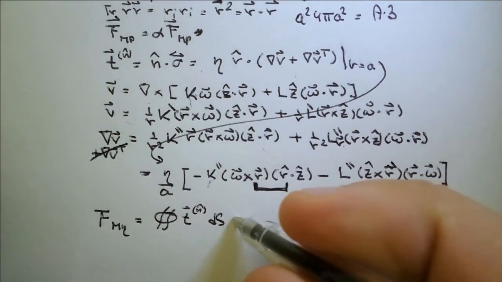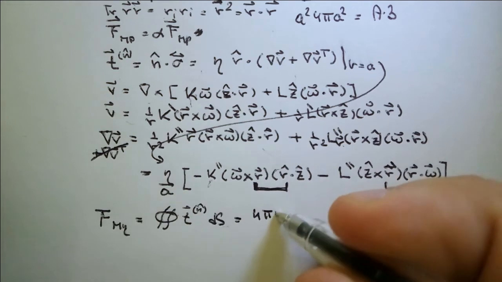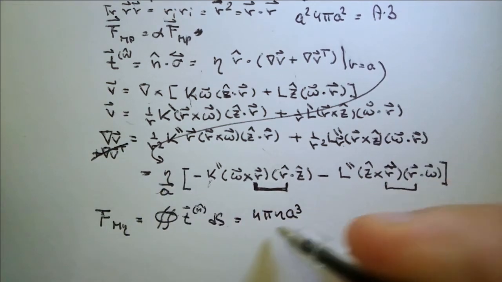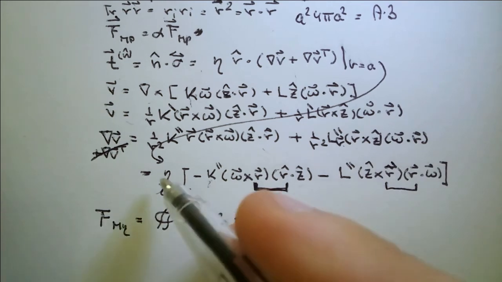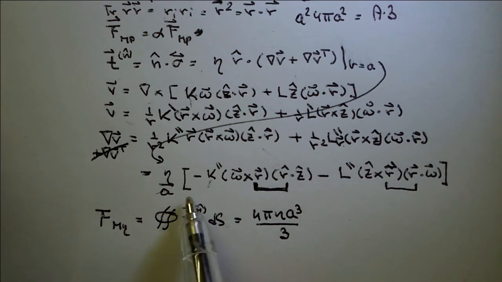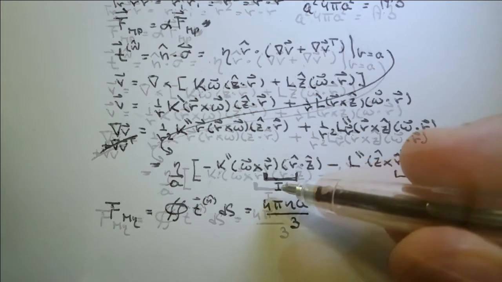So this should be 4 pi eta a to the third power divided by 3, since one factor cancels out, and then there is the identity operator between these.